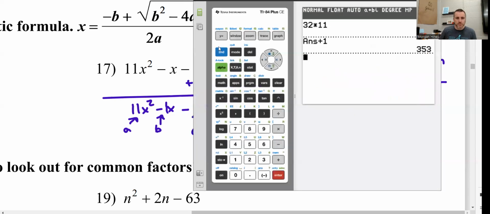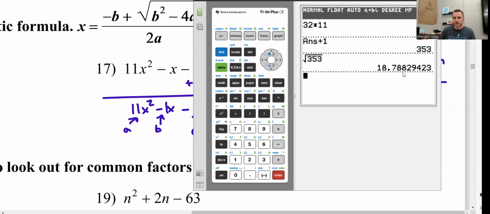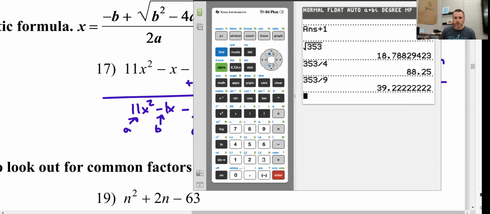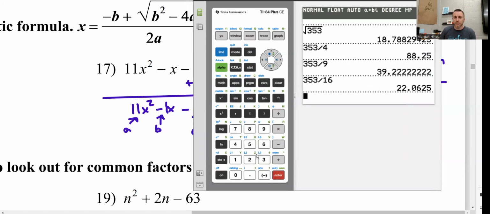Maybe. We'll see. So if we check out the square root of 353, we see that it is not a perfect square. But does it have a perfect square in it? It doesn't have a 4. Try to divide it by 4. Ain't happening. Can we divide it by 9? No. Probably can't divide it by 16 either, can you?